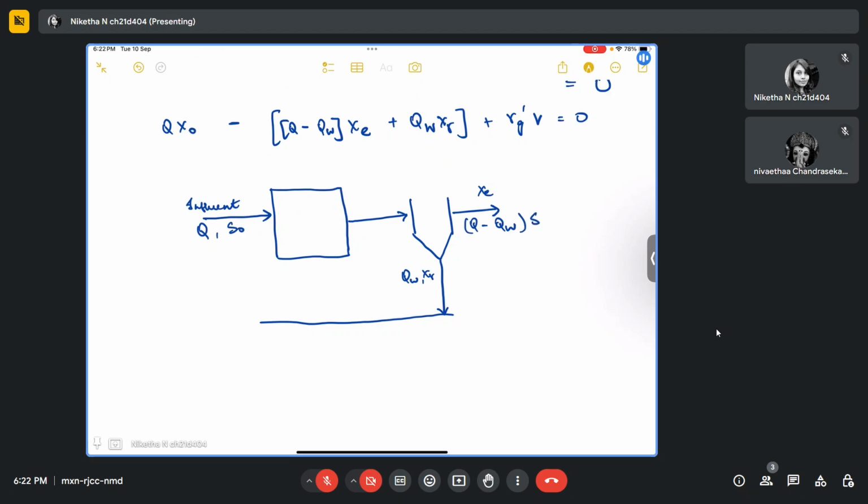The organics that are coming along with it are denoted as Se. So the concentration of organics in the effluent is denoted as Se, and Q minus QW is the flow rate of the effluent. So this is getting recycled here, and the volume of the tank is denoted by V, and X is the concentration of microbes in the tank.